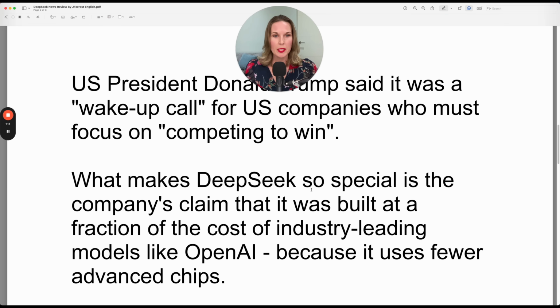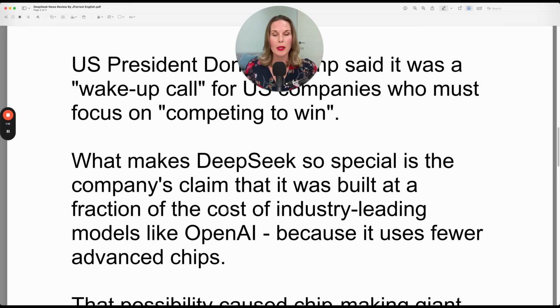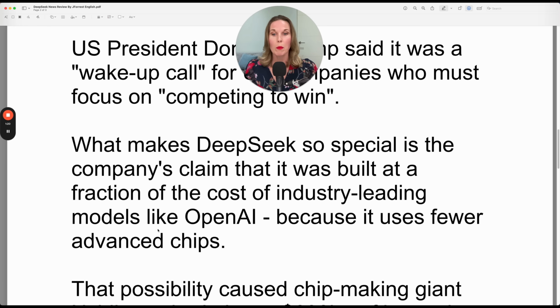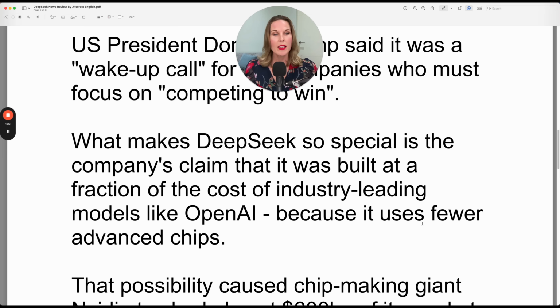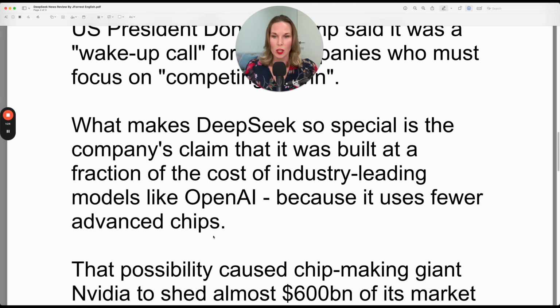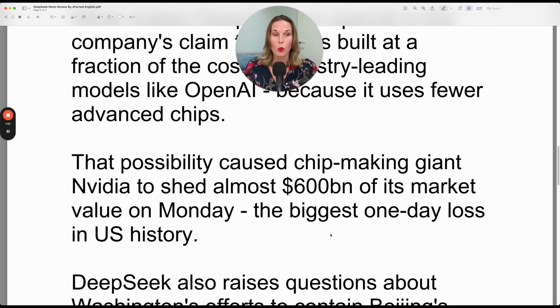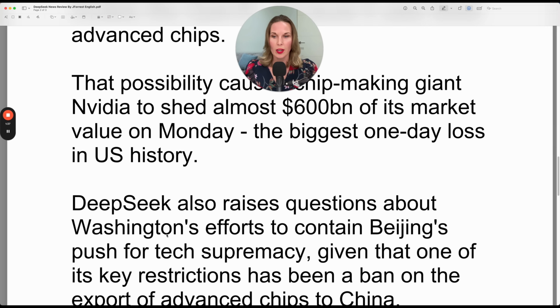What makes DeepSeek so special is the company's claim that it was built at a fraction of the cost of industry-leading models like OpenAI because it uses fewer advanced chips. That possibility caused chip-making giant NVIDIA to shed almost $600 billion of its market value on Monday, the biggest one-day loss in U.S. history.